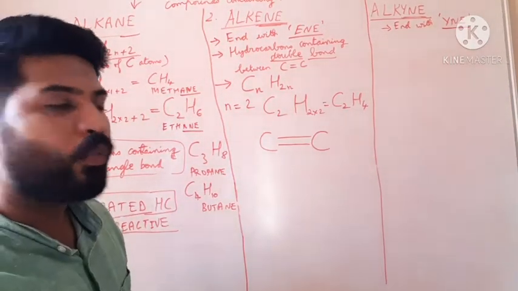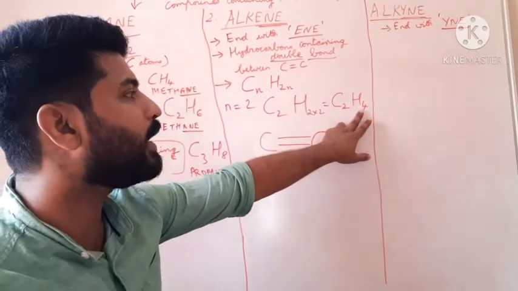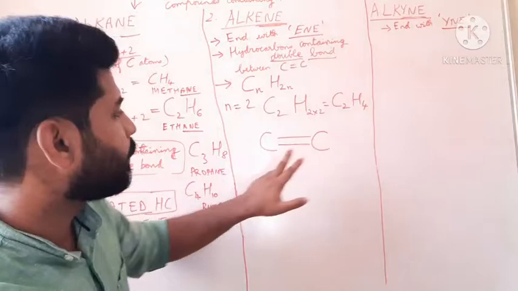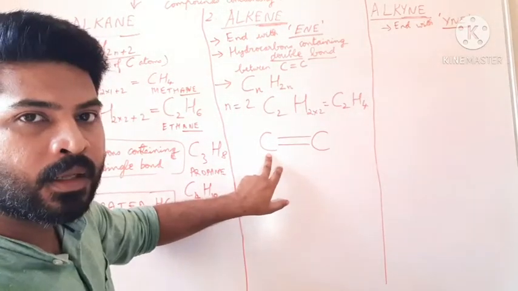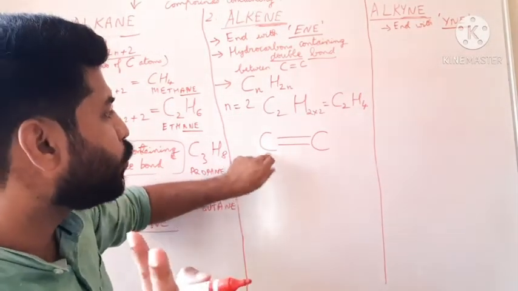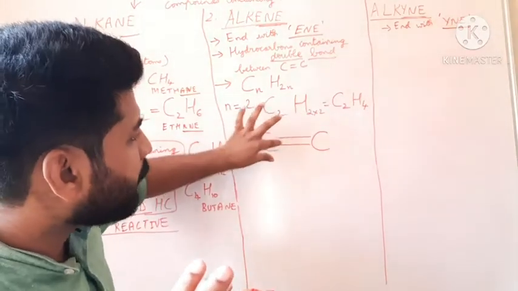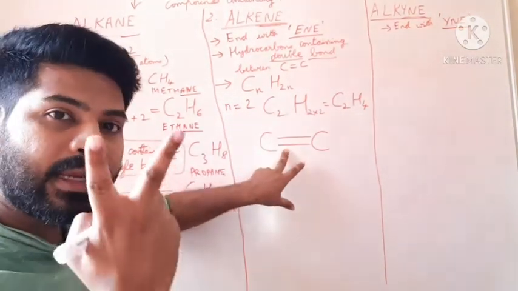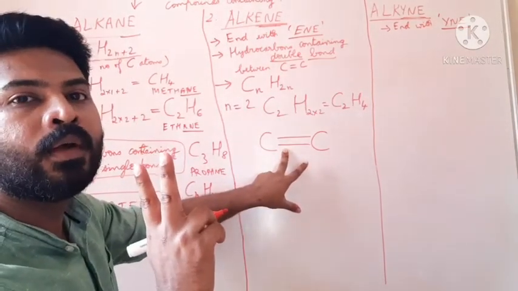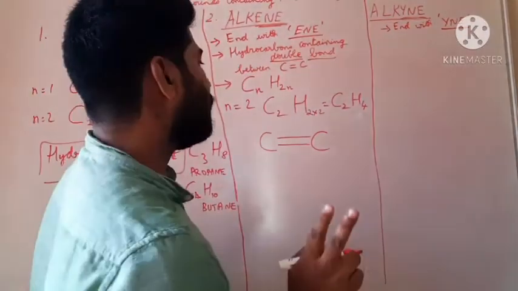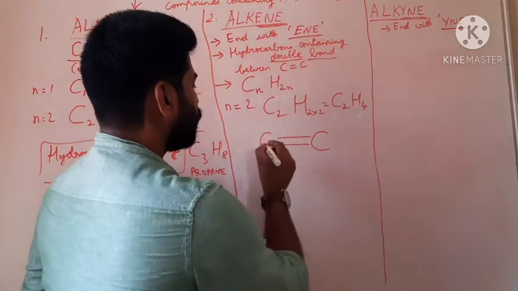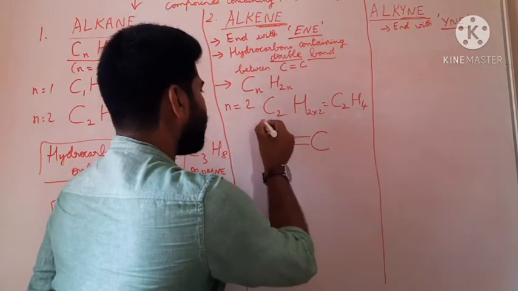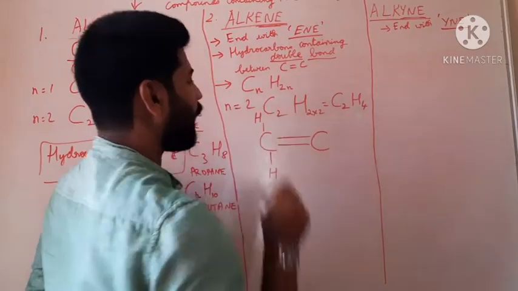Next, we have to add the hydrogen atoms. There are 4 hydrogen atoms. This carbon, its valency is 2 because it is sharing 2 pairs of electrons already with this carbon. So it can take 2 more atoms to complete the valency. It can take 1 hydrogen, and another hydrogen.